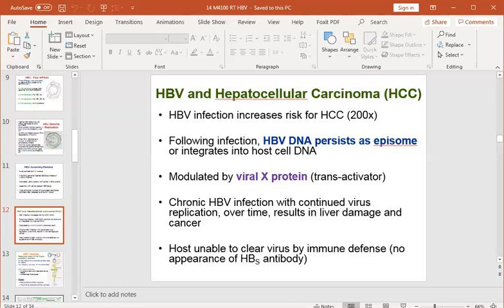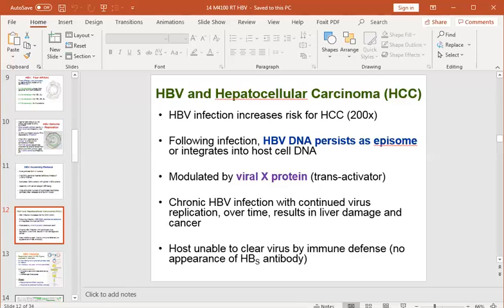This process is being modulated by viral X protein. Viral X protein is a transactivator, so it activates the transcription of viral genes.